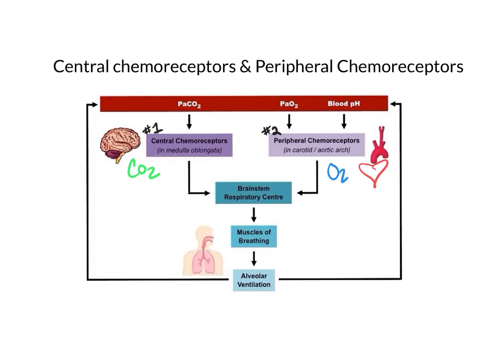Okay. And so for number one, it's looking to say, okay, when CO2 is going up, I need to increase my work of breathing. Versus my peripheral, when O2 is going down, we need to speed up our work of breathing. So they're kind of opposite.